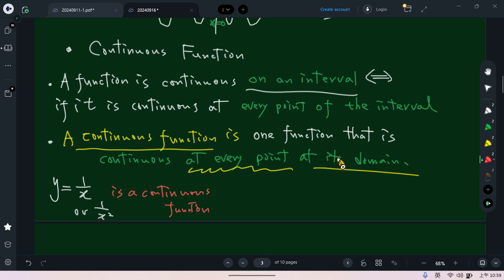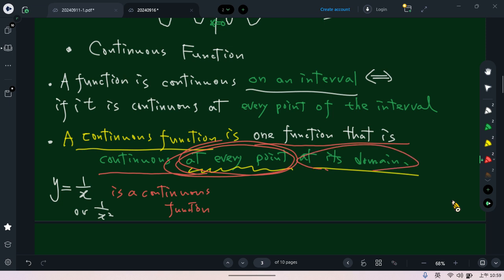Be careful. Pay attention to its definition. There is some trick here. If we say it's a continuous function, it must satisfy that the function is continuous at every point in its domain. So what's the domain?